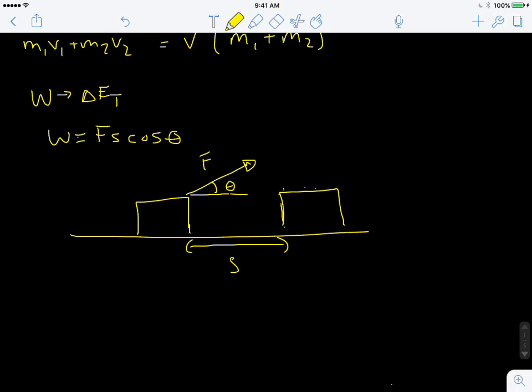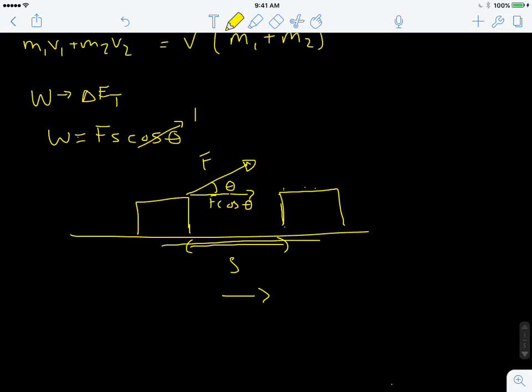The amount of work done would be the force times that displacement times the cosine of the angle between the displacement vector, which would be along this axis, and the force vector. Notice that if the displacement is this way and the force, this is really F cosine of theta, they're along the same direction, so the angle is 0, the cosine is 1, and you get maximum work.